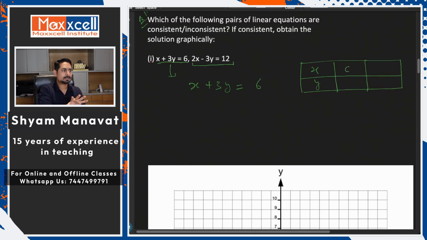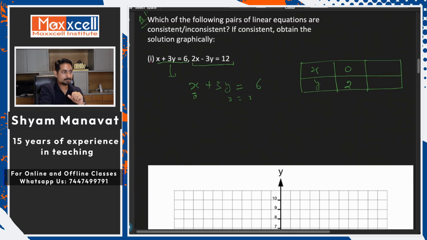Substitute x equal to 0 and see what you get as the value of y. If you substitute x equal to 0 here, you will have 3y equal to 6, so y equals 2. I hope I can skip those basic steps. We have solved so many equations in previous lectures, so I hope you are comfortable now.